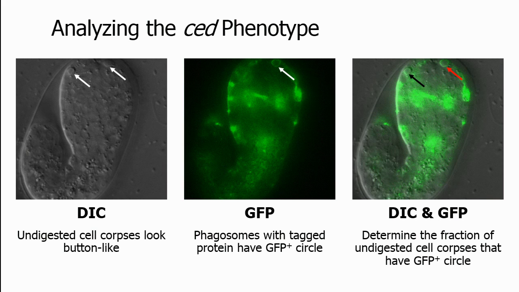So if a phagosome that surrounds a cell corpse is recruiting a protein, it appears as a GFP circle, as you can see here. So if you overlay these two channels together, you can see which phagosomes are recruiting your protein of interest, which would be this red arrow here, and which ones are not, which would be this black arrow here.